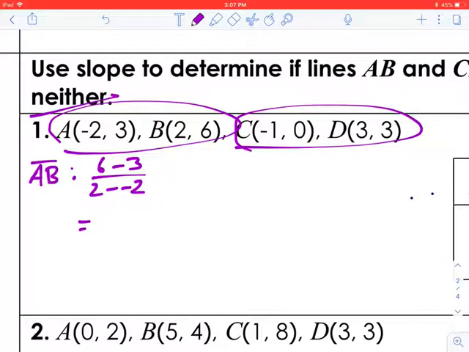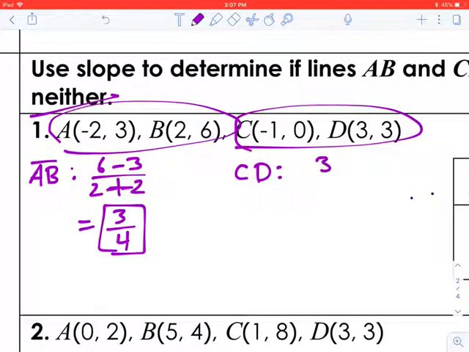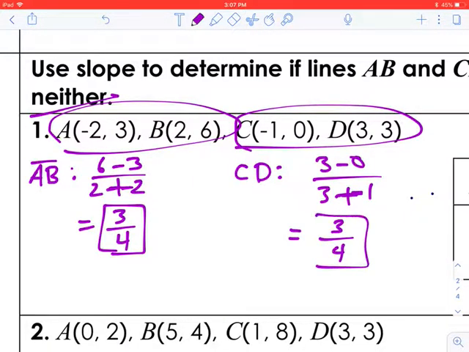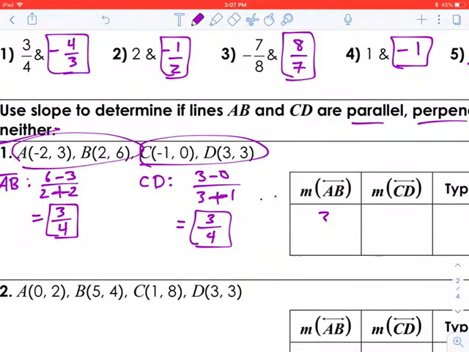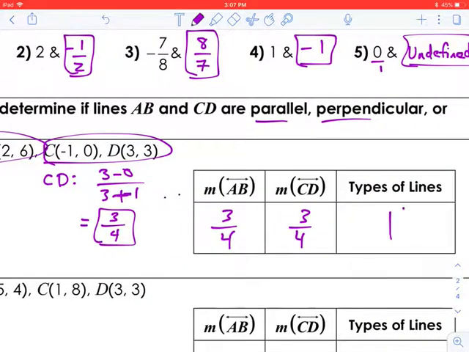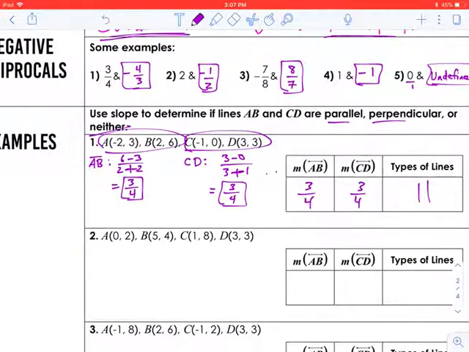And so that's going to be 3 over 4. Okay, same thing, y minus y is going to be 3 minus 0 over 3 minus negative 1, which becomes plus. So 3 over 4, and there we are. So 3 over 4, 3 over 4. Since they match up, they're parallel. Okay?